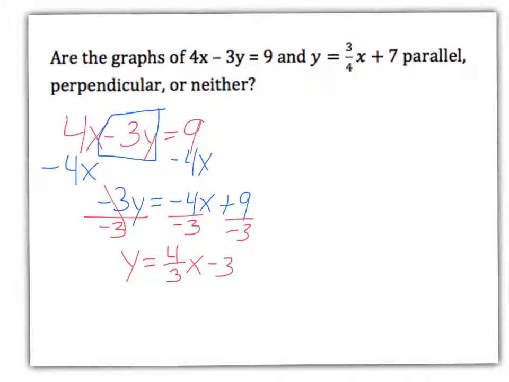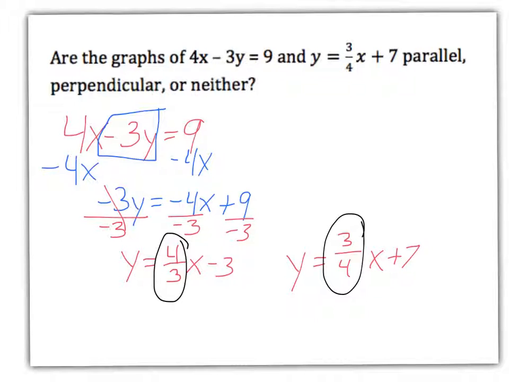And we're going to compare that to y equals the other equation, which is 3/4 x plus 7. So the only thing you need to look at is the slopes, 4/3 and 3/4. They're not the same, so they're not parallel, and they're reciprocals, but they're not opposite reciprocals because they're both positive. So in this case, this would be neither.